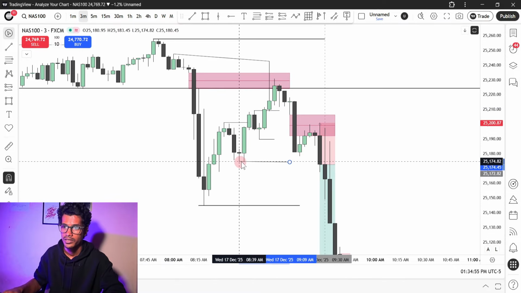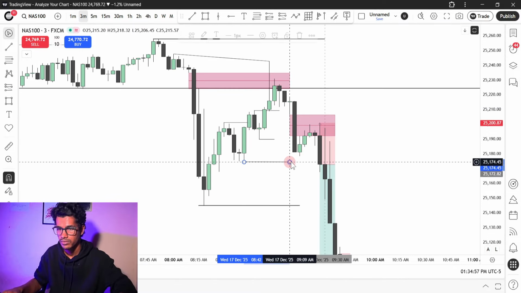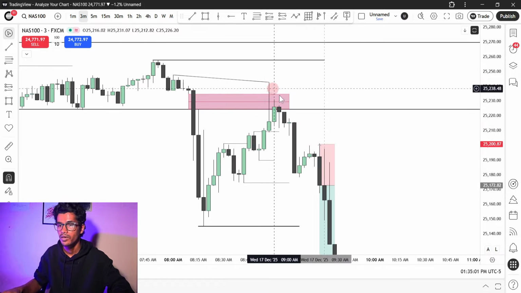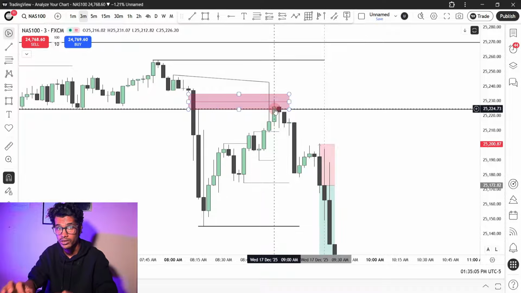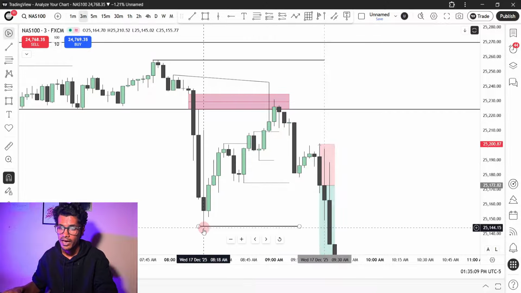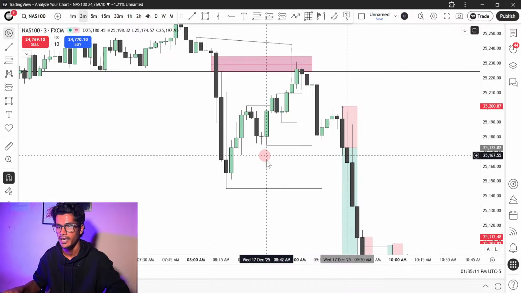Listen carefully. If you have your notes, write it down. So when we form the swing high here, we know that price is going to go lower. All right, but before that, what do you see? We have these internal lows intact.